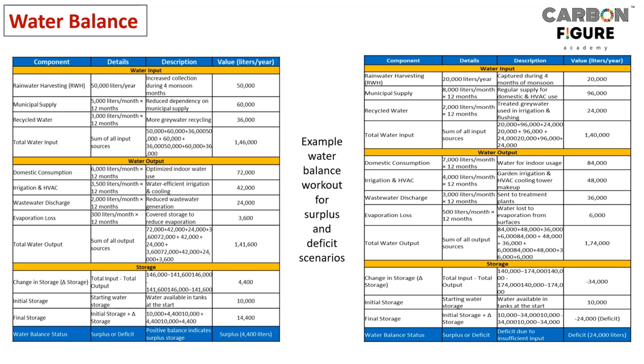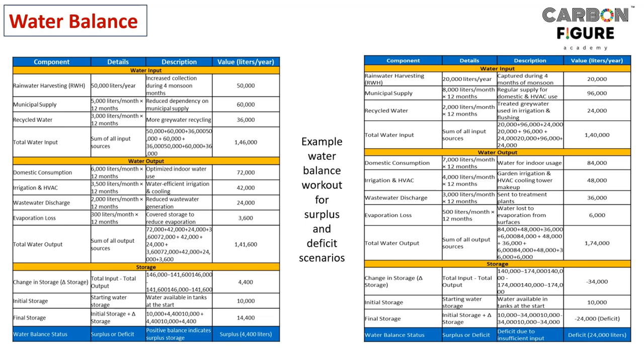Out of that wastewater, we provide some recycling option with either mechanical or phytoremediation or whatever combination. We generate recycled water of 3,000 liters per month for 12 months, so 36,000 liters per year. Adding all these together, the total water incoming for a given year is 1,46,000 liters per year.